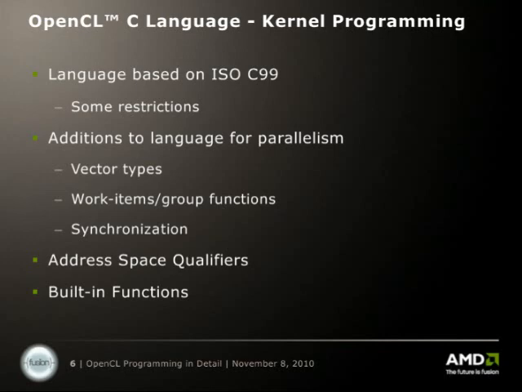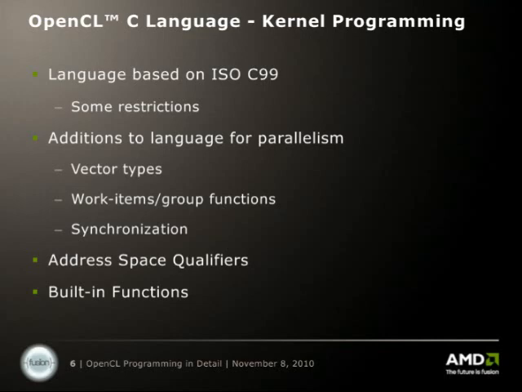For example, GPUs support some level of vector operations. There's also support for work items and work groups. The way to think of these is essentially these are your threads, and the threads are grouped into work groups, and there are built-in functions provided to help the kernel manage execution.